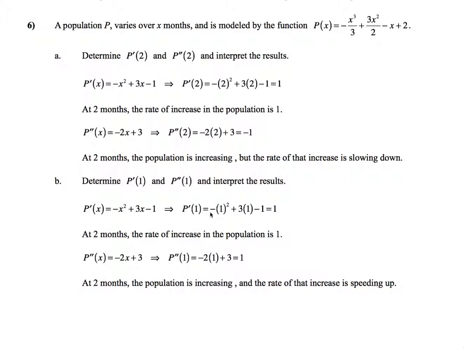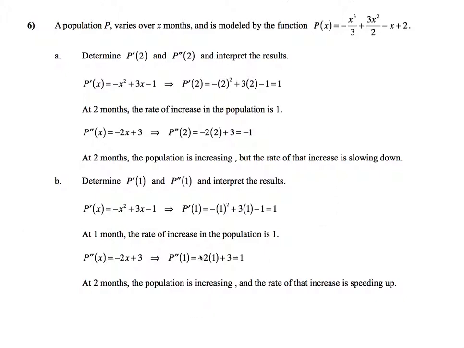So 1 squared is 1, so this is negative 1. 3 times 1 is 3, plus the negative 1 is 2. 2 minus 1 is 1. So at 2 months, that's supposed to say 1 month. So at 1 month, the rate of increase in the population is 1, just as it was at 2 months.